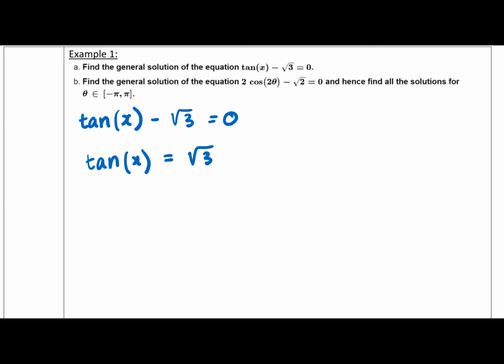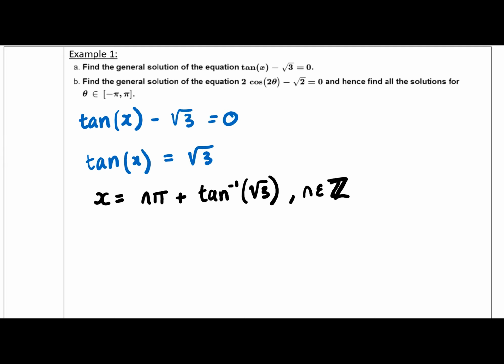And using my general solution, x is equal to n pi, so this is going to get all those various other answers, plus the arctan of √3. Now remembering here that n is an element of Z. So, what is the arctan of √3?